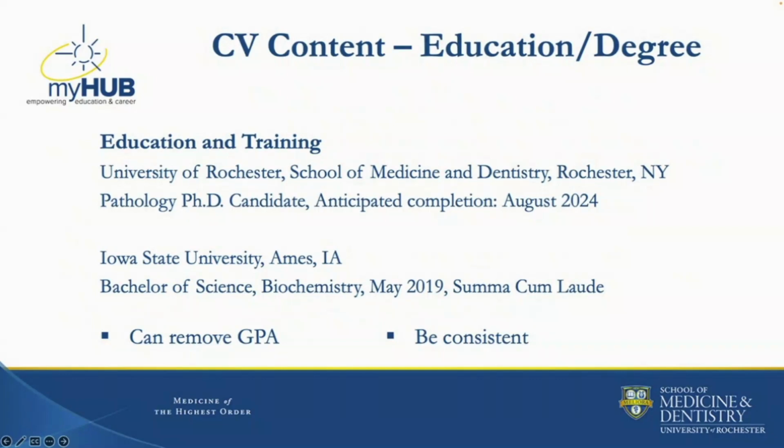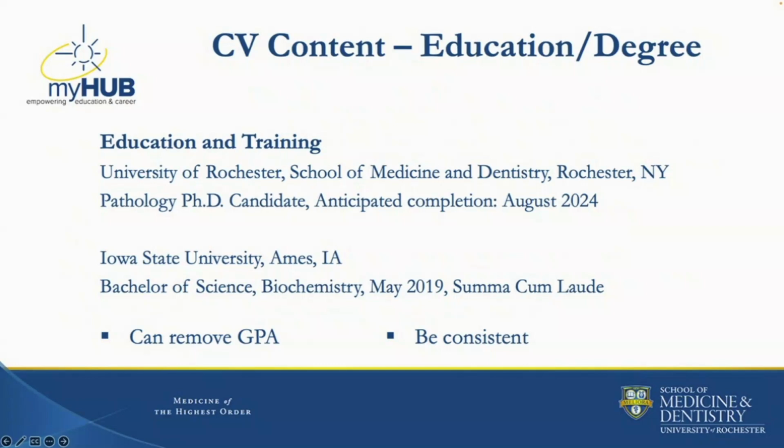And that information should go in reverse chronological order with the most recent first. So University of Rochester School of Medicine and Dentistry will be right at the top of your education section. We can include what PhD degree program we're getting. We should note, if we have not received our PhD yet, that we're still a PhD candidate.